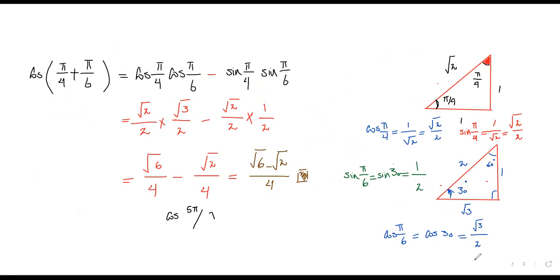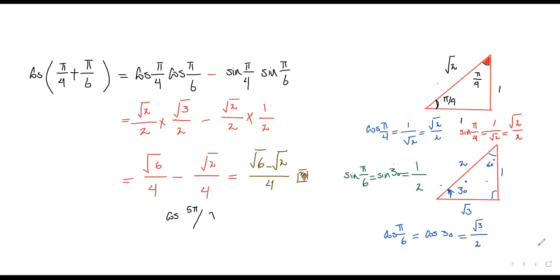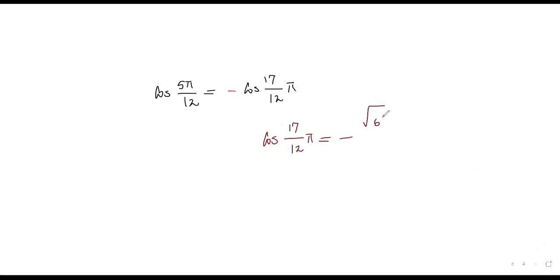We said that the cosine of 5 pi over 12 is equal to cosine of 17 pi over 12, but because they are located on two different sides, they differ only by the minus sign. Then as a result, the cosine of 17 over 12 pi is minus the number that we got before, which is the square root of 6 minus the square root of 2 over 4.